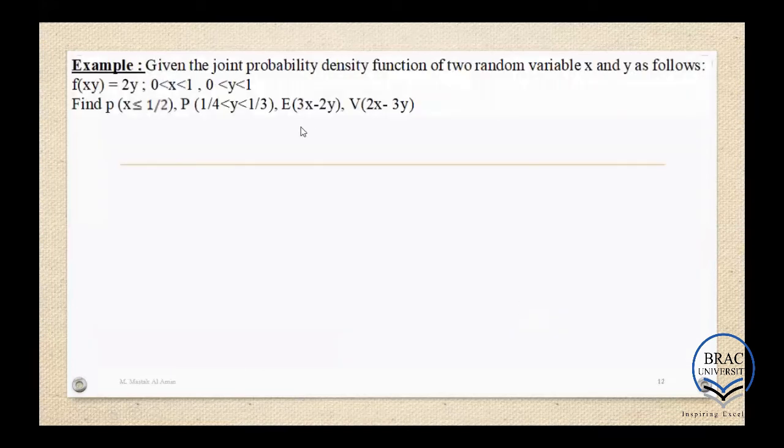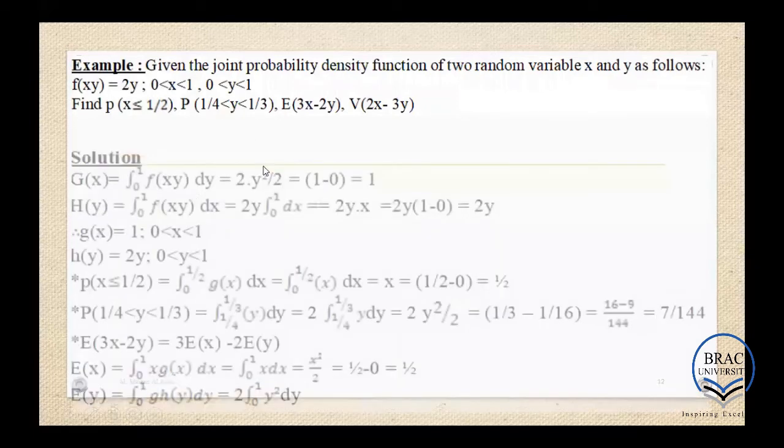Now let's consider another example of x and y, with the joint probability density function f of x, y as 2y. Then we want to find the probability that x is less than or equal to half, and the probability that y lies between 1/4 and 1/3.